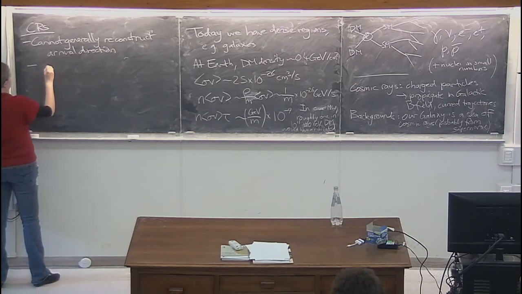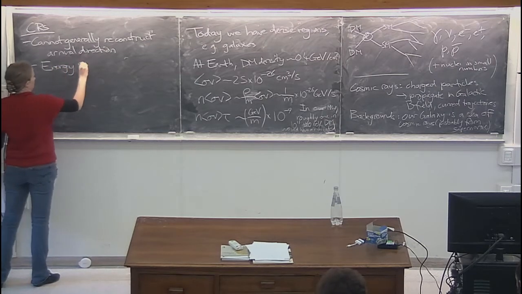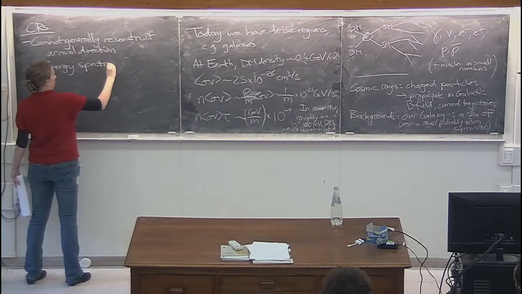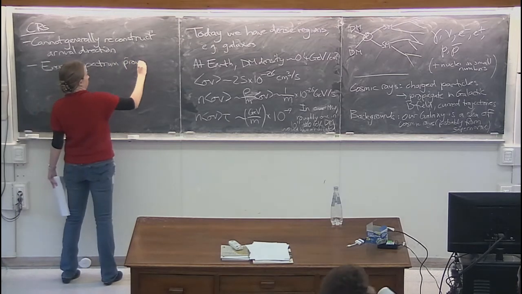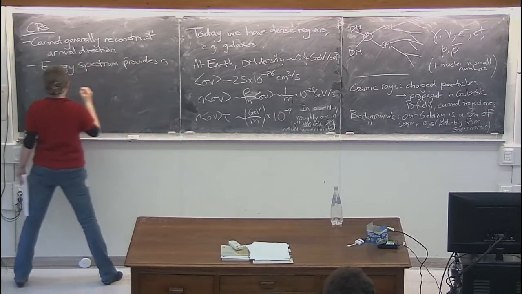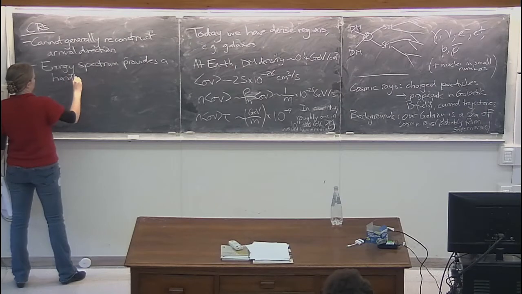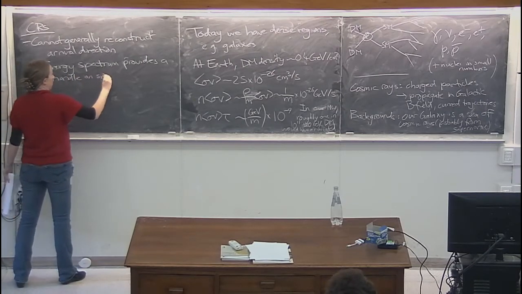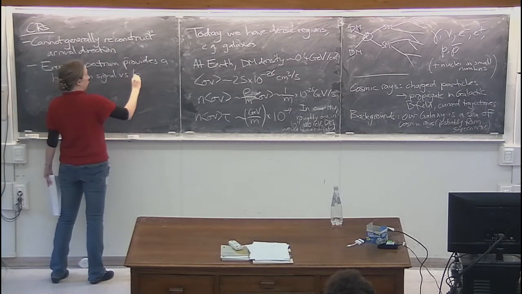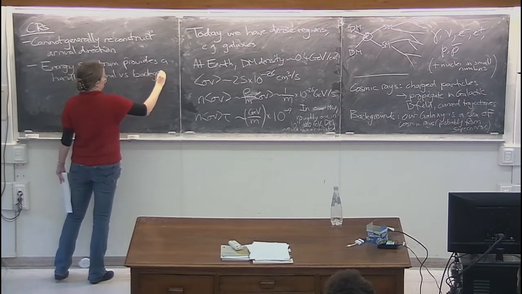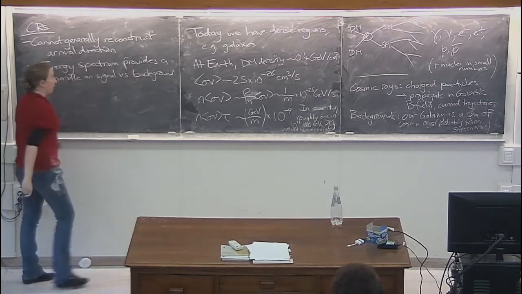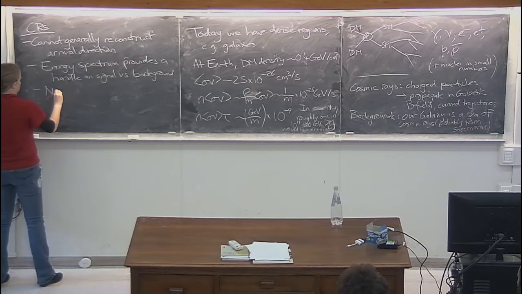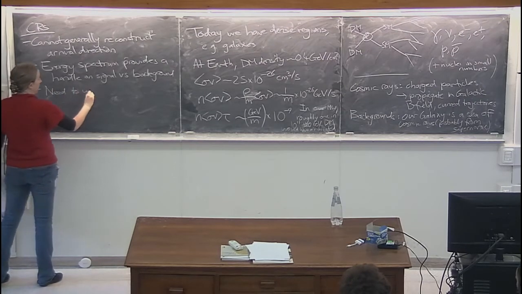So, energy spectrum provides a handle on signal versus background. So when you're dealing with cosmic ray potential signals, the critical things are, first, to understand how these things propagate through the galaxy.